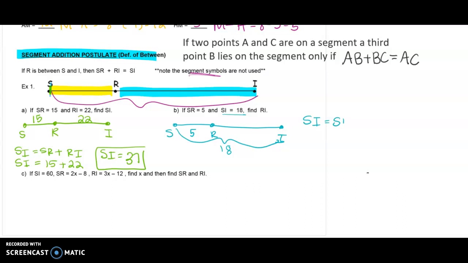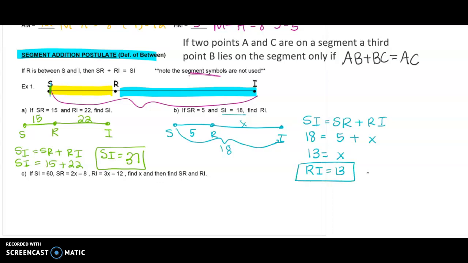SI is equal to SR plus RI. So SI is 18, SR is 5, and we don't know what RI is. That is what we're looking for. So then we minus 5 from both sides and get that 13 is equal to X. So the length of RI is equal to 13.